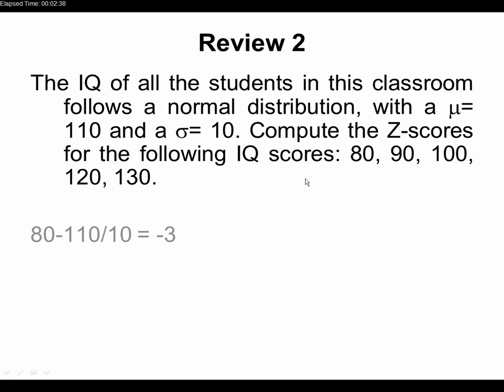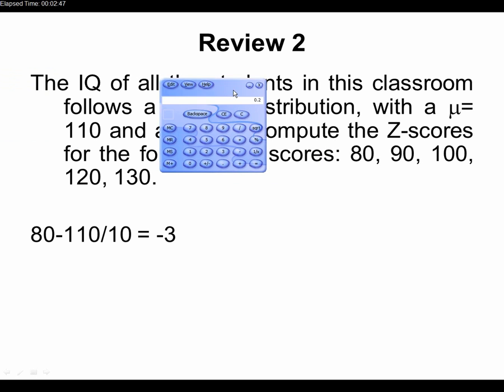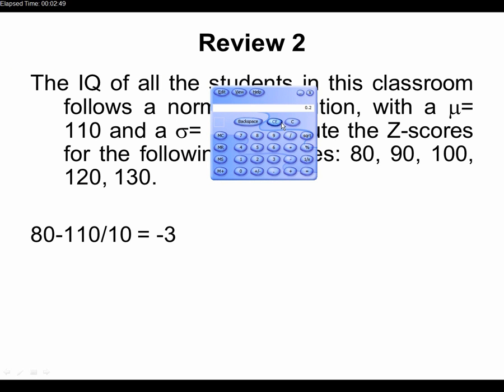Well, let's go ahead and do the first one. 80 minus 110 divided by 10 is -3. Let's just step through the math here. So we take 80 and we subtract 110, and we then divide that by 10, and we come up with -3.